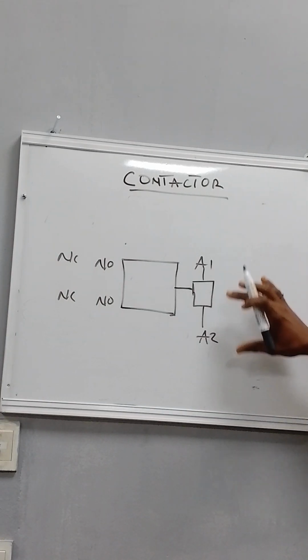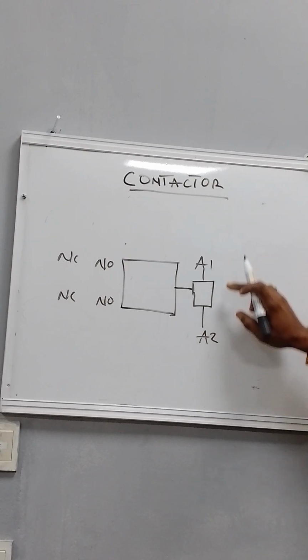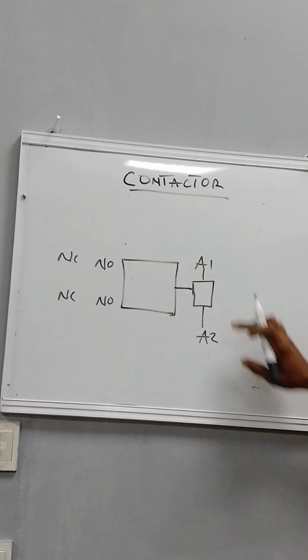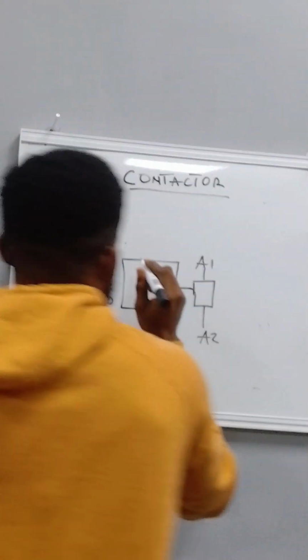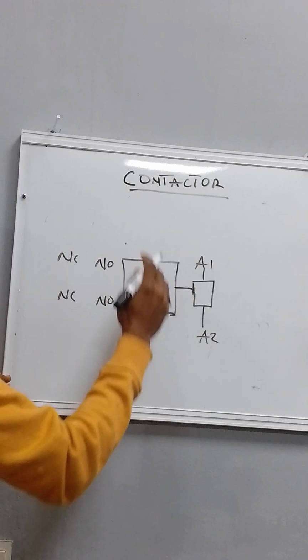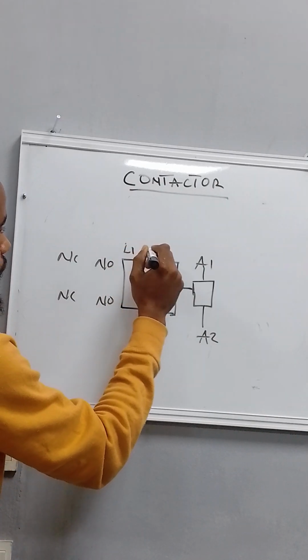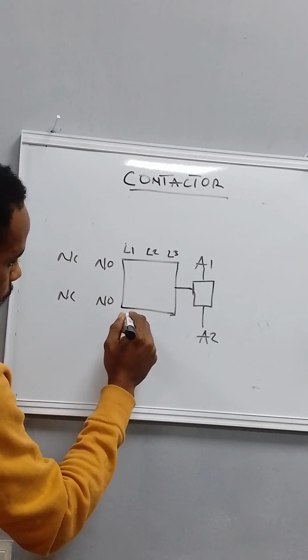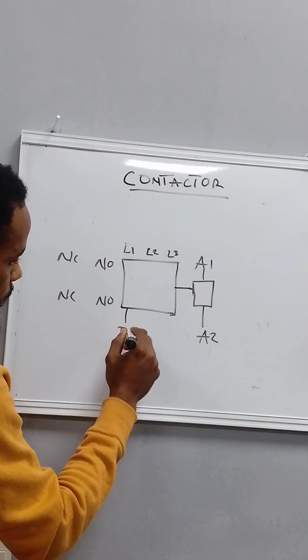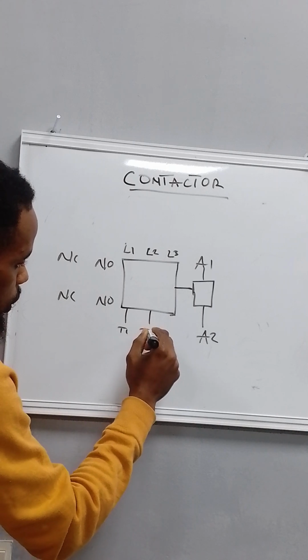This is the coil side, which is A1 and A2. This is the coil side, this is the contact side, and this side is the power side: L1, L2, L3, and here T1, T2.